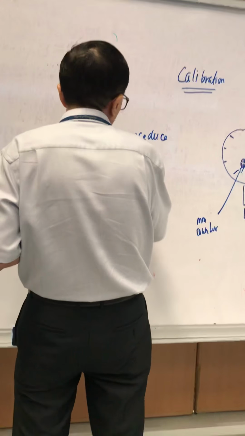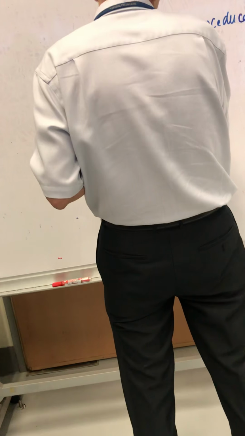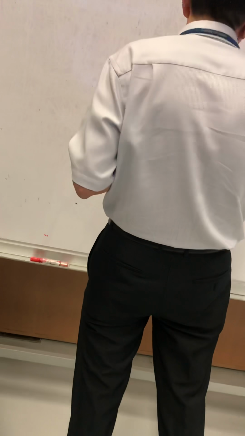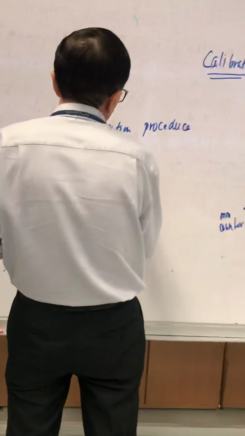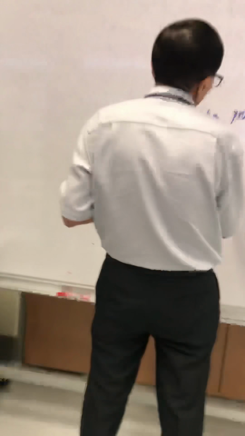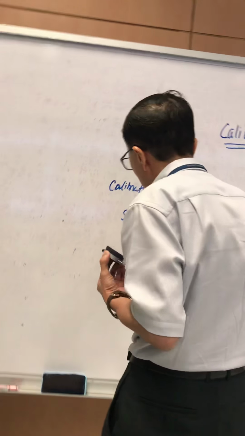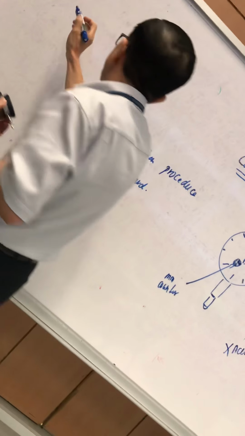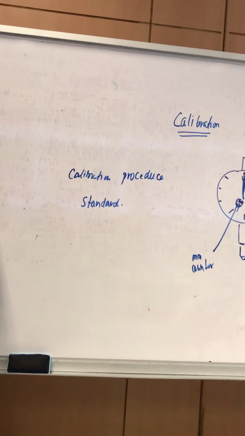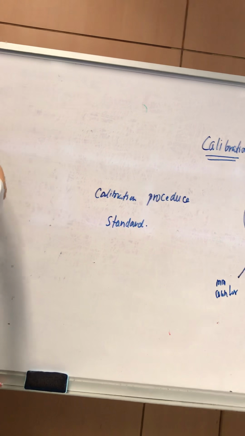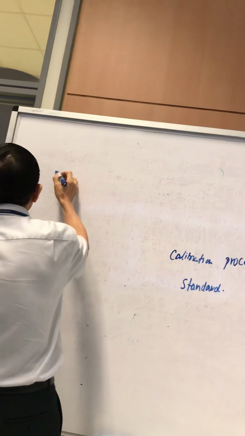You need the calibration procedure. First thing is that you must know the standard way of calibration. Refer to a written standard procedure. The procedure says that in the dial indicator there are 4 errors. What are the 4 errors? Anyone? Or 4 parameters.